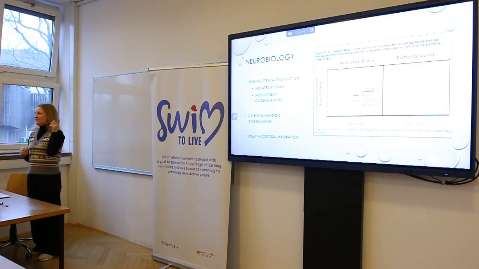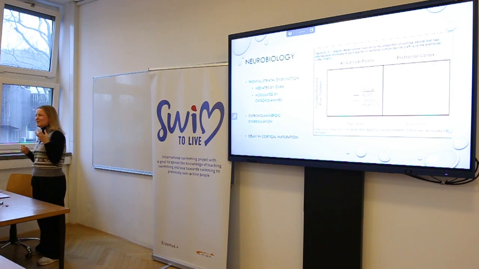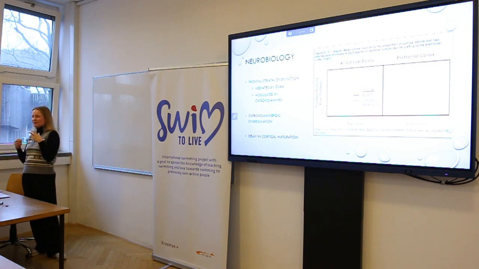There is a slide which shows cortical thickness, when the brain is growing and maturing. This cortical thickness is really important because it gives us the opportunity to control our behavior.